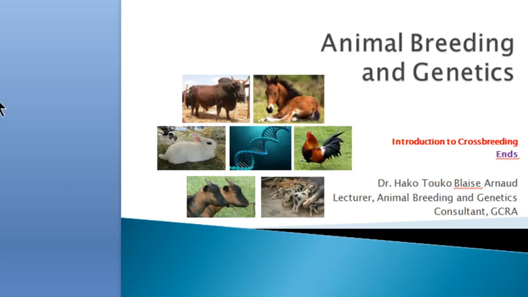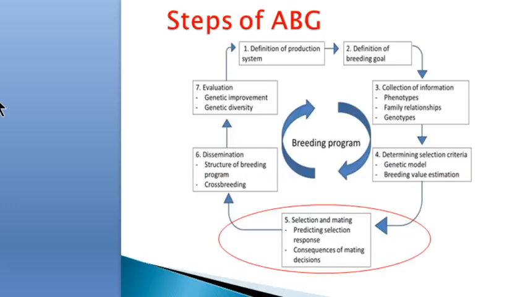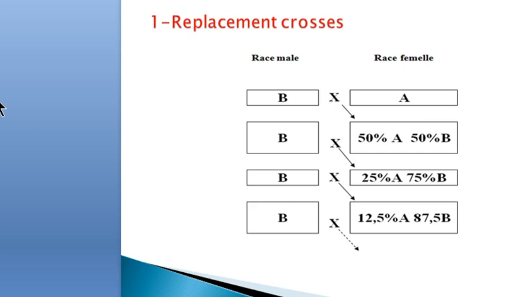Okay, let's continue now with crossbreeding. So we previously saw that there are two main types of crossbreeding.